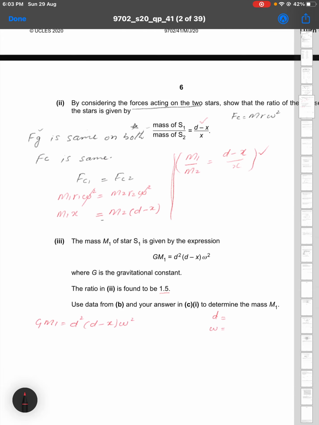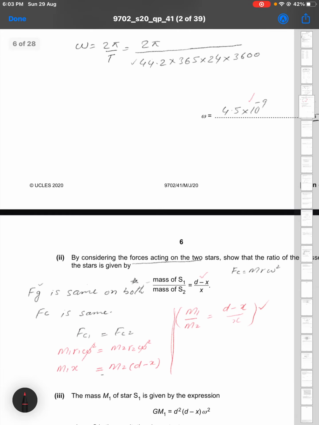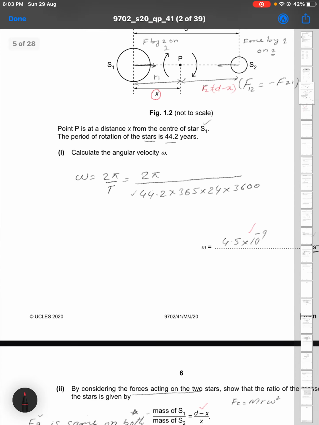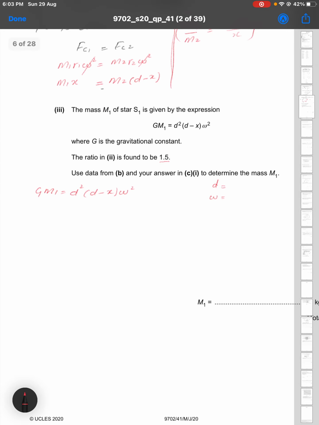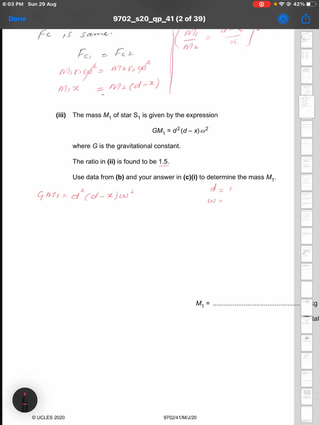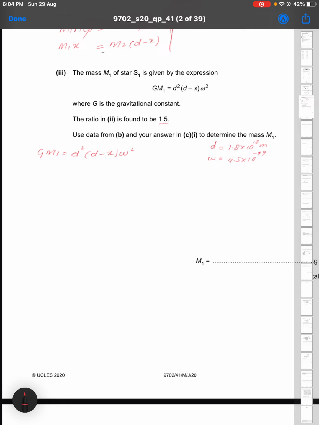So let me collect this data from the top. Omega is 4.5 into 10 to the power minus 9, and d is 1.8 into 10 to the power 12 meter. It's minus 9, not minus 19. Okay, so I'm going to place the values. The gravitational constant is 6.67 into 10 to the power minus 11.